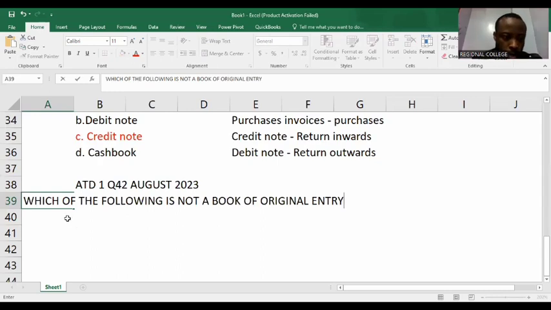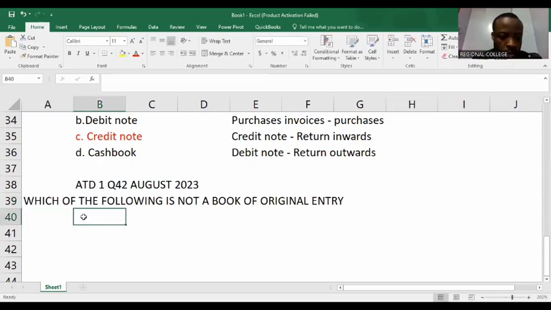Which of the following is not the book of original entry? So you're given multiple choices to choose.